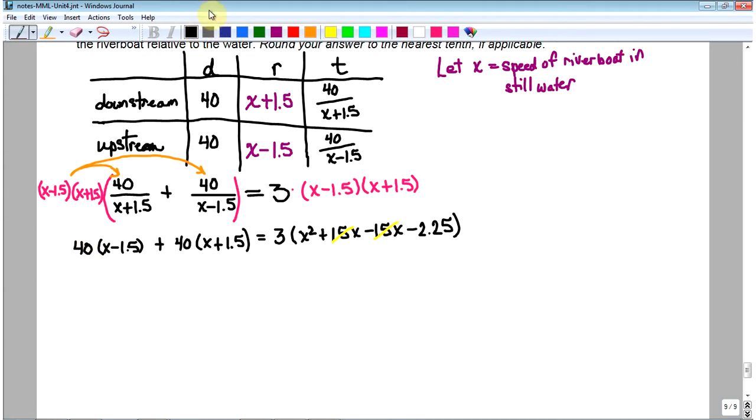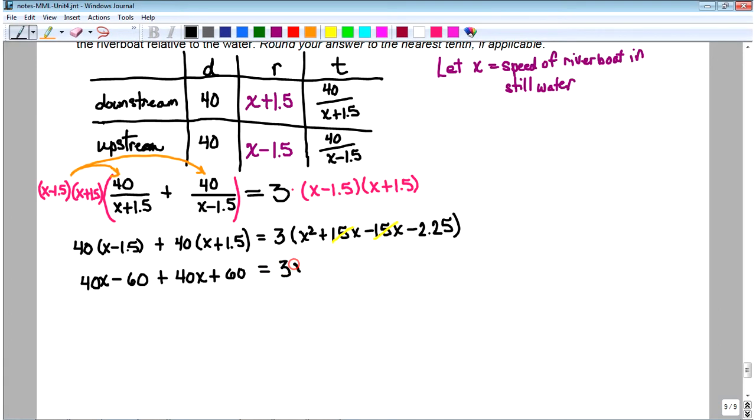Now I need to distribute the 40 to get rid of our parentheses. So we will have 40x minus 40 times 1.5, which gives us a 60, plus we'll have another 40x, and this time 40 times a positive 1.5 gives us a plus 60, equals.